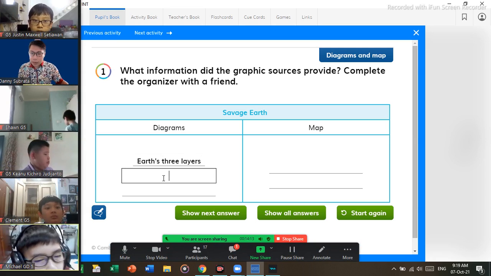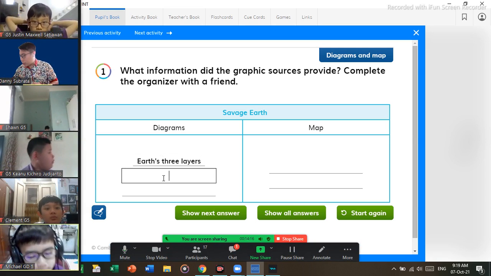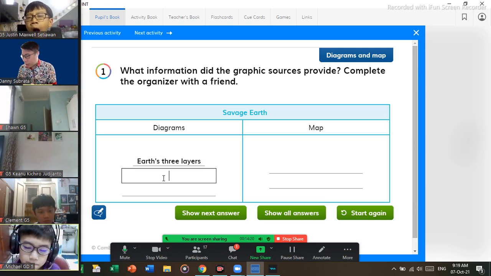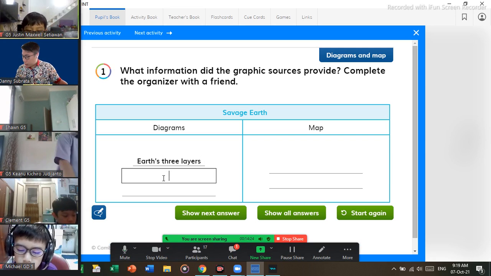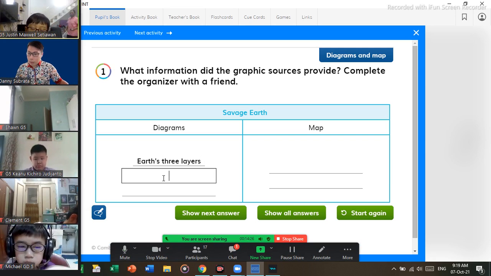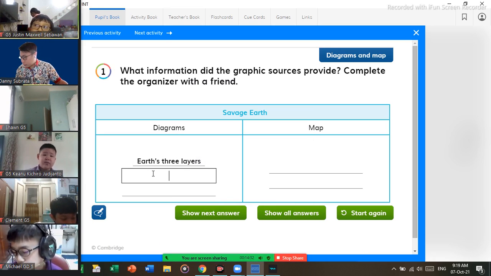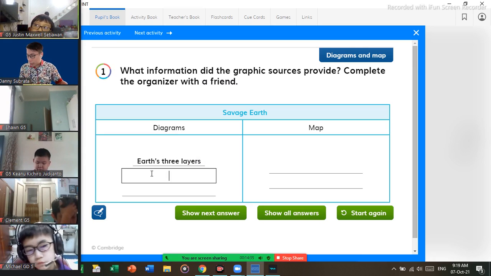And then, is there anything else from page 53 and 54? Maybe on page 53 there at the bottom. About the volcano. Okay, about the volcano. Now, as we can see, that is the structure of the volcano.